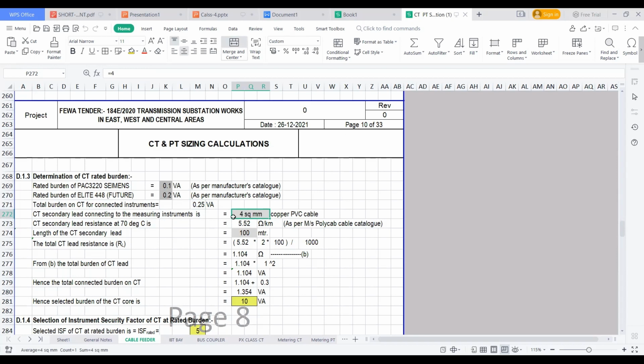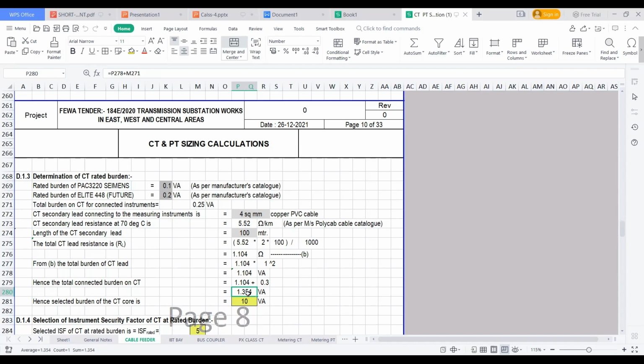I am calculating the resistance, which is a 4 square mm cable with a resistance of 5.52 ohm per kilometer from the Polycab catalog. The length I laid for that cable is 100 meters. I calculated that and found 1.104 VA. I am adding this to the 0.3, so my total burden is 1.35 only.